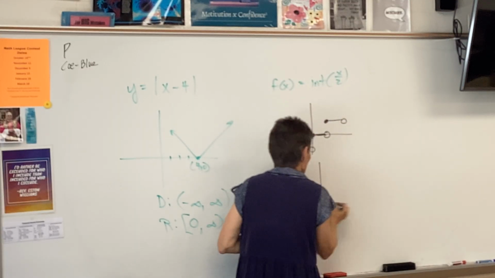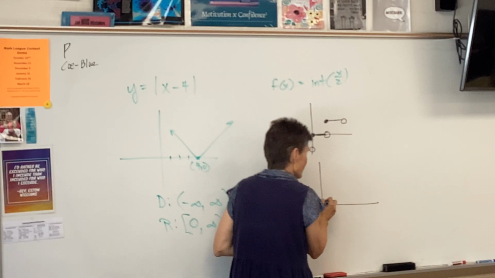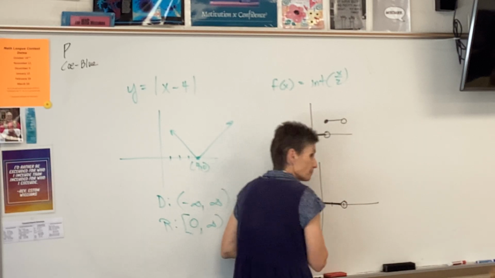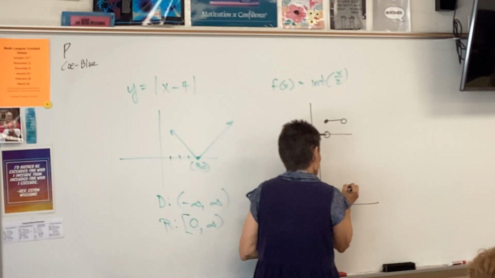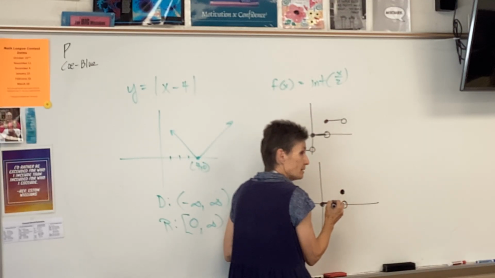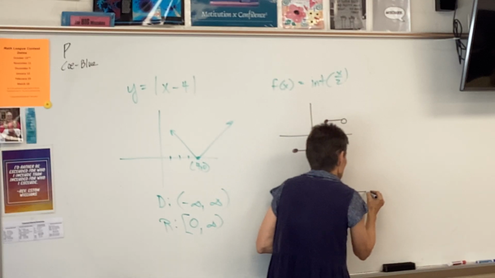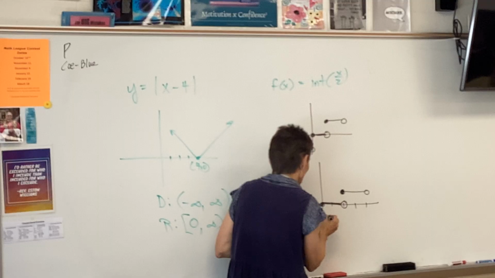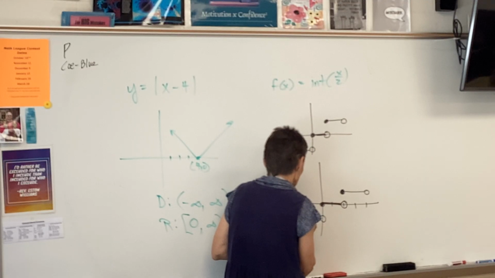So you're still starting at the origin, but now you come over 2, and then you go up 1. The vertical's not changing. And then over 2. So this is what it would look like by hand.